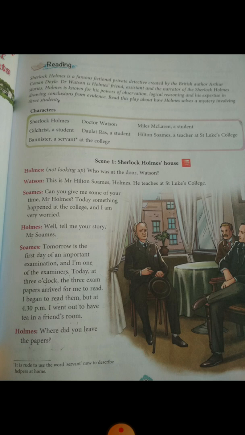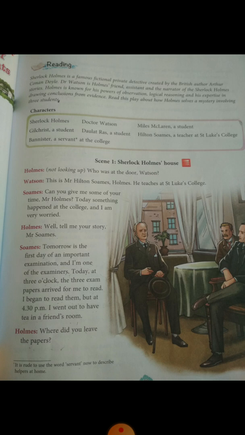Then he thinks, if my key is in my pocket, then whose key is this? Then he remembers, oh, that is the key of Bannister. Bannister is Mr. Soames' servant. So he thinks this key belongs to Bannister, and he must have come into my room to bring the tea.